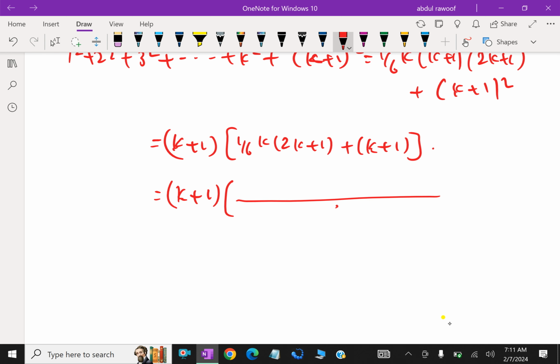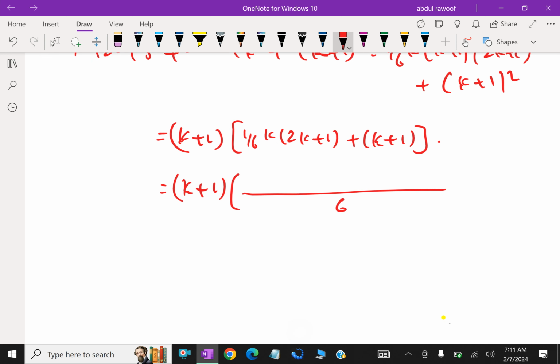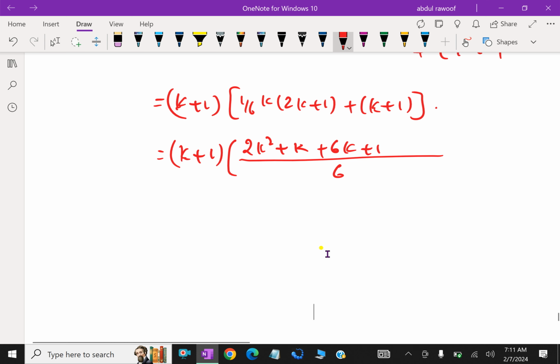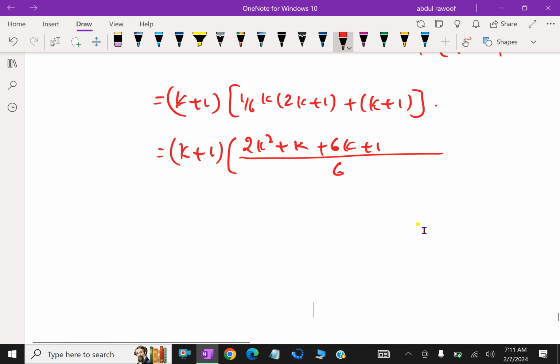Then 6 is the LCM, so k into 2k plus 1 is 2k square plus k, plus 6k plus 6, because this 6 is multiplied here.